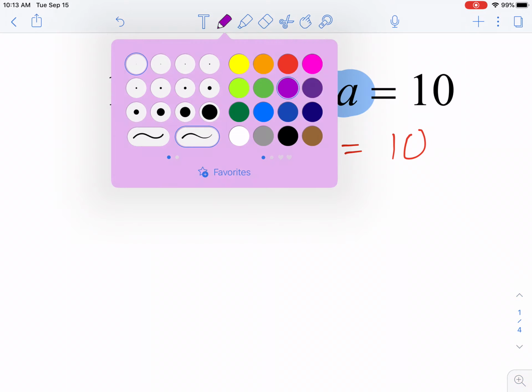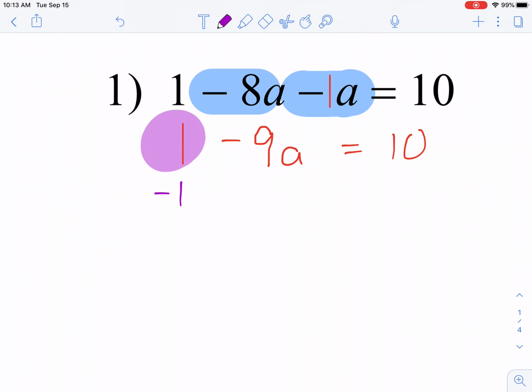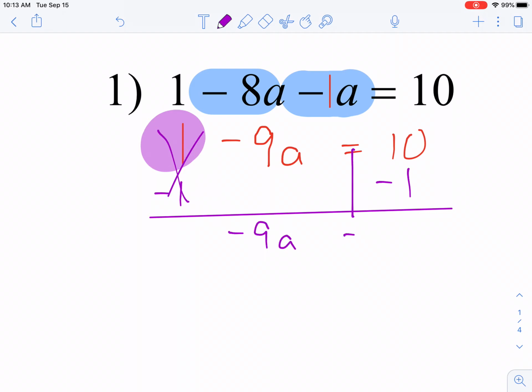And so I'm going to minus 1 from both sides of the equal sign. So combining like terms you only do on one side of the equal sign. It's simplifying. So these ones cancel. Negative 9A drops down. Equal sign drops down. 10 minus 1 is 9.